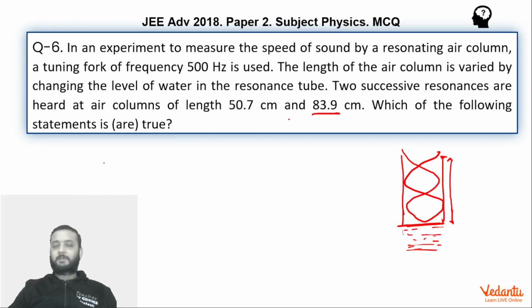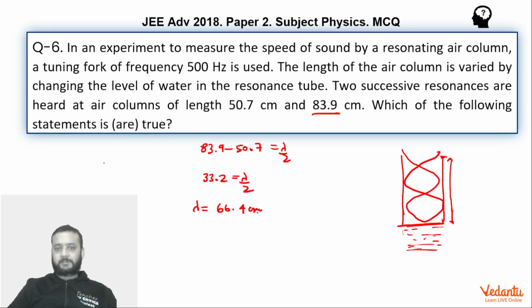Anyway, the difference in these two lengths will be lambda by 2, because we know that the moment the length differs by lambda by 2, we will get a resonance. Hence 83.9 minus 50.7 must be equal to lambda by 2. If you take the difference, you get 33.2, which is lambda by 2, which means lambda is equal to 66.4 centimeters.